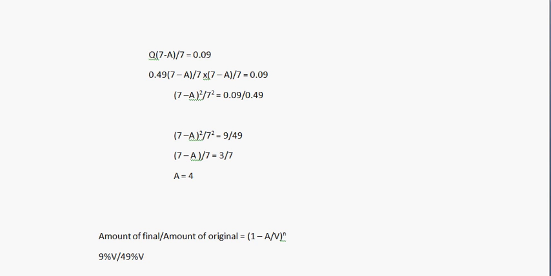So we would be left with 9 by 49 as we saw in the above calculations, which is equal to 1 minus A by 7, if we take the 7 inside right here, where A is the volume removed, 7 is the original volume, this square, right? So this is what we wrote above as well.